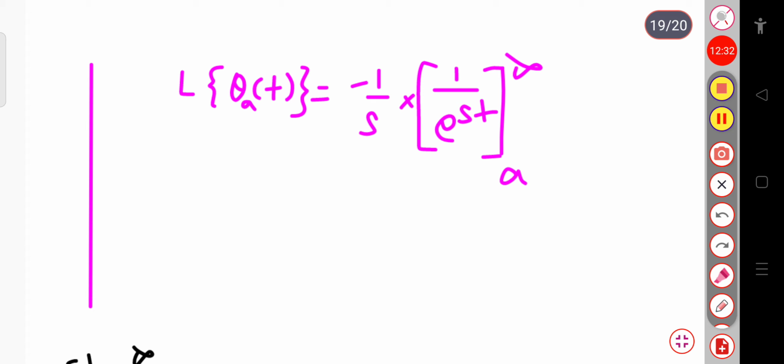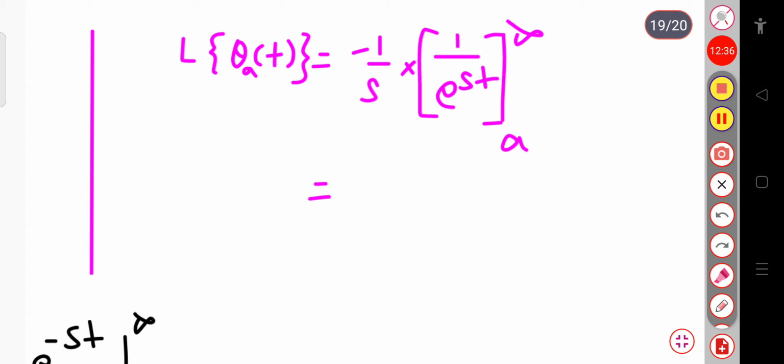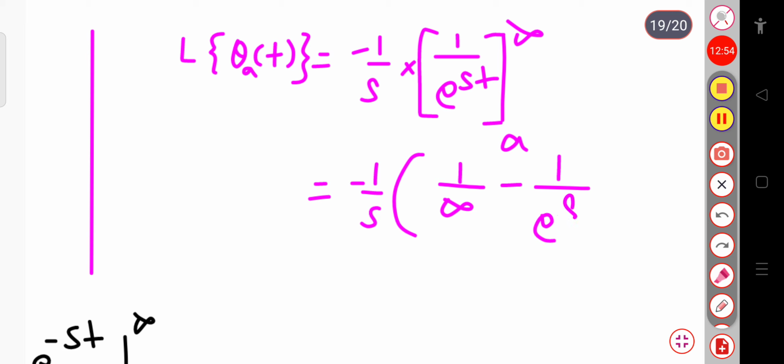So this will be equal to minus 1 by s, which remains as it is, into, in place of t, we simply put infinity. So this will be 1 by exponential power infinity, which is 1 by infinity, minus the lower limit, that is 1 by exponential s into a, since in place of t we are putting a.